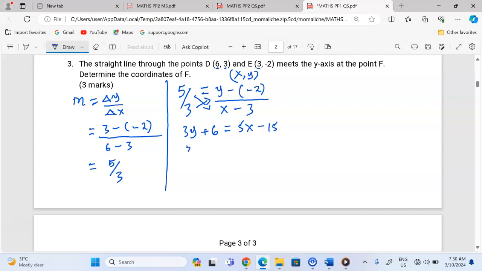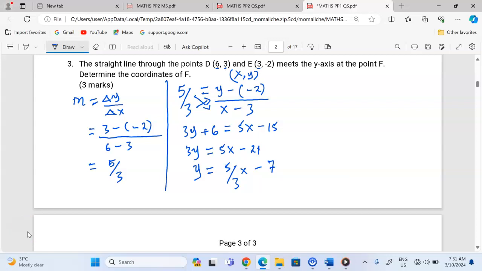Therefore now we can have 3y at this side equals 5x. This becomes -15 minus 6, we get -21. So we can remain with y, whereby we will have 5 out of 3 x minus 7, because 21 divided by 3 is 7.